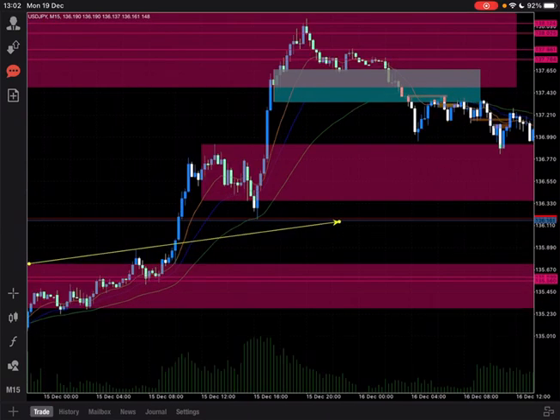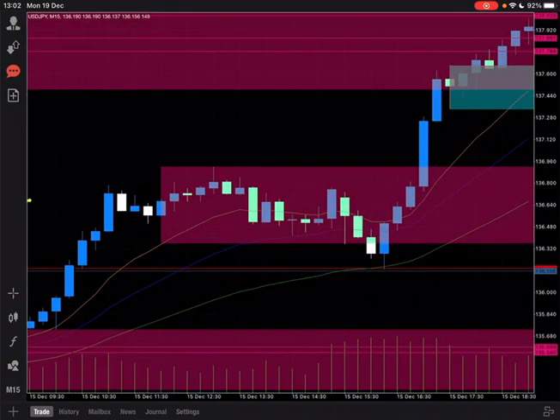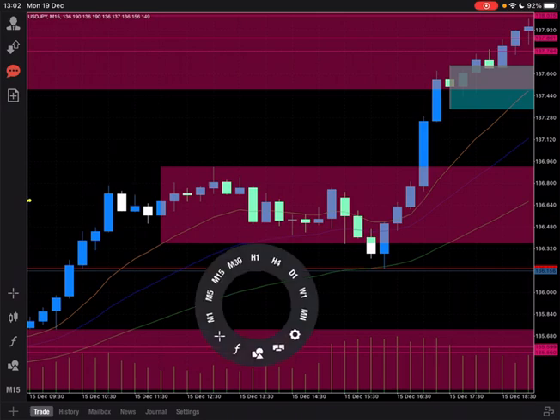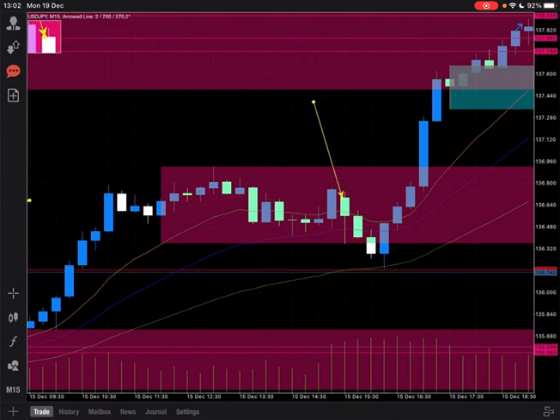Now let's try this on this one. Again, with your naked eye, imagine an area where the price plays with support and resistance. You can see over here, bounce, bounce, bounce up. Then if it breaks below that imaginary box, resistance, resistance, resistance, and if it breaks above, it will just fly.